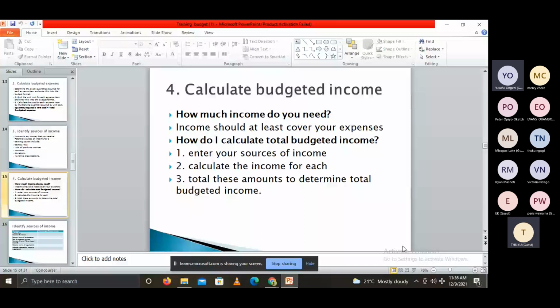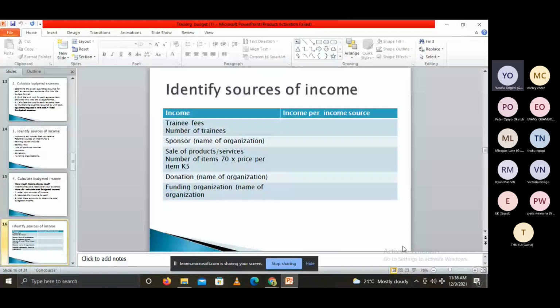So that is an example. You can have trainees fees, and then you can have income per income source. This is the amount of money you are going to get from training fee, the number of trainees. So this will determine how much.